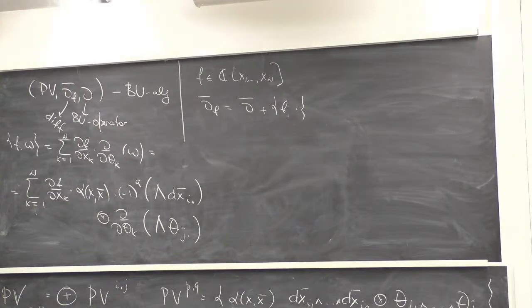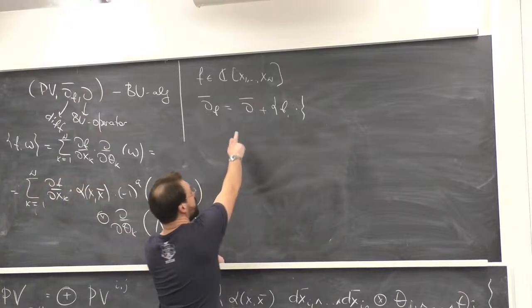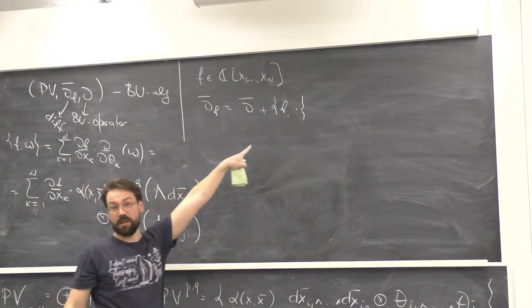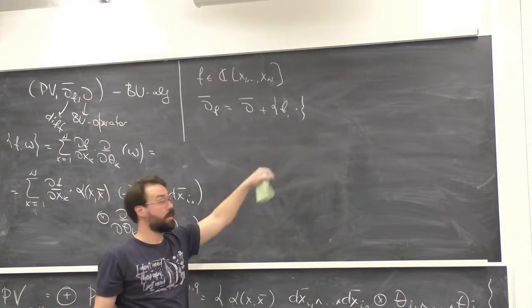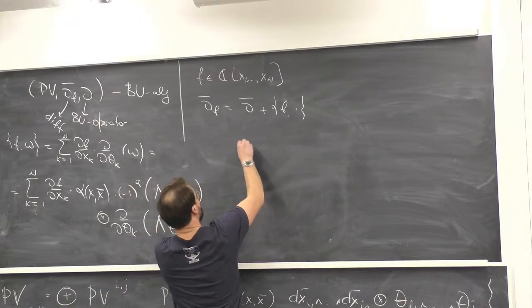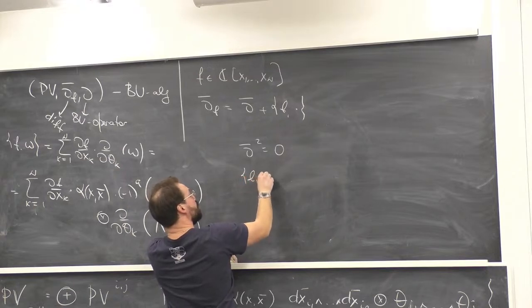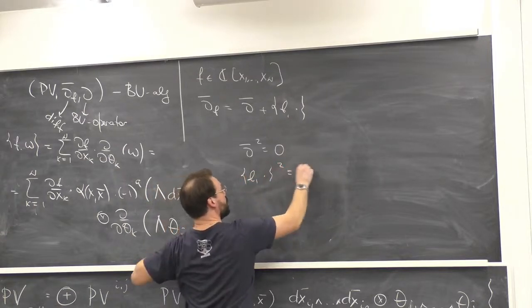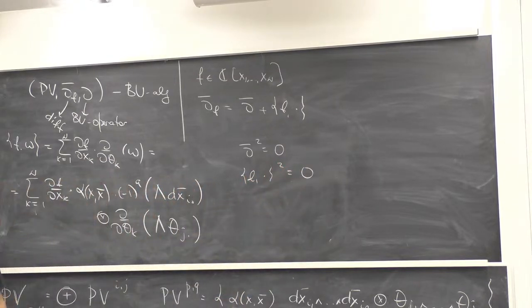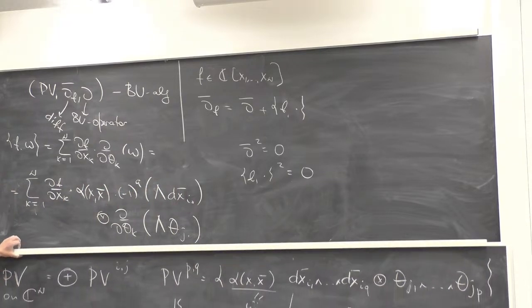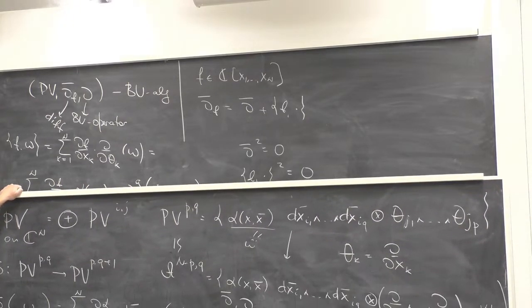Well, the point is that these two are both differentials. Is it correct that in the picture is algebra A? Yeah. This d bar f is just d bar plus df.